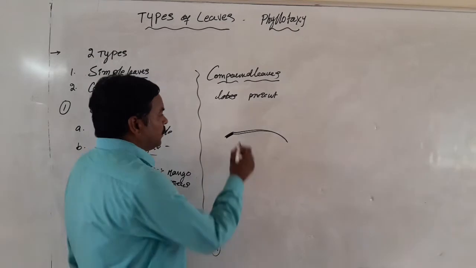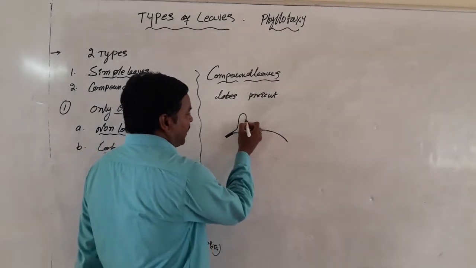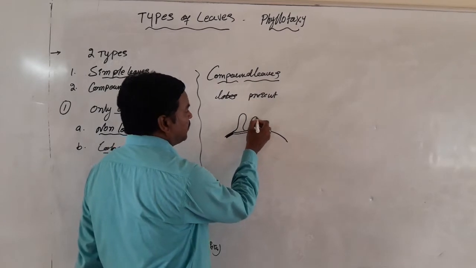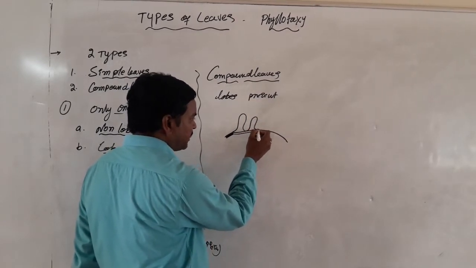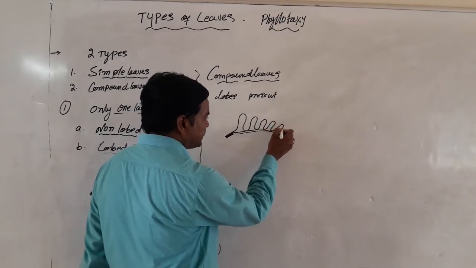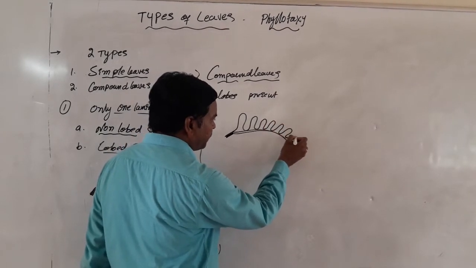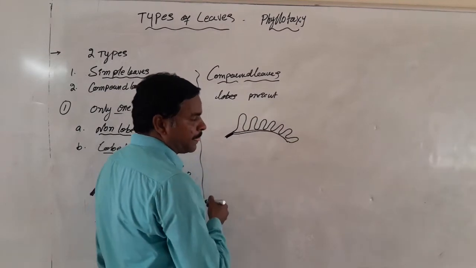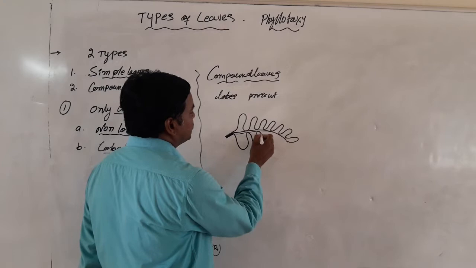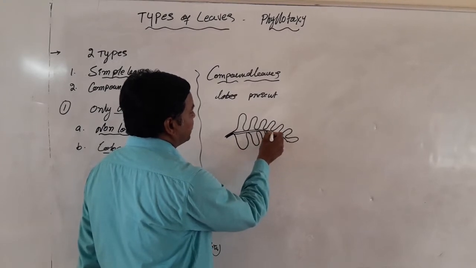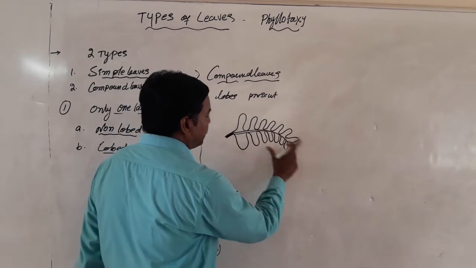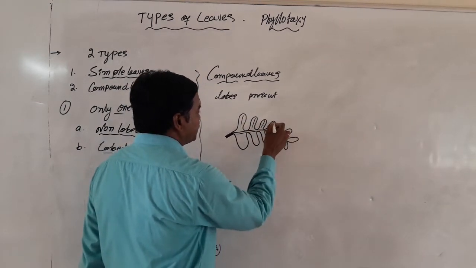Now this is one incision touching the midrib, and another incision touching the midrib. In this way the leaf is incised, and these incisions touch the midrib simultaneously, and on this side also touch the midrib simultaneously, dividing the total lamina into small pieces.